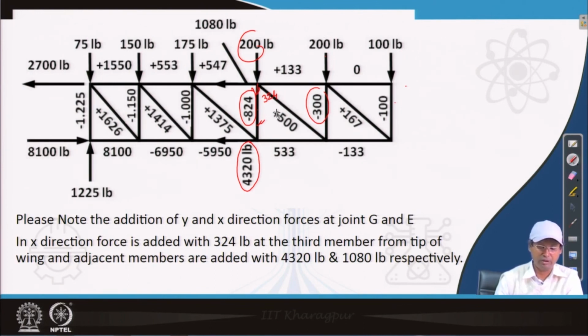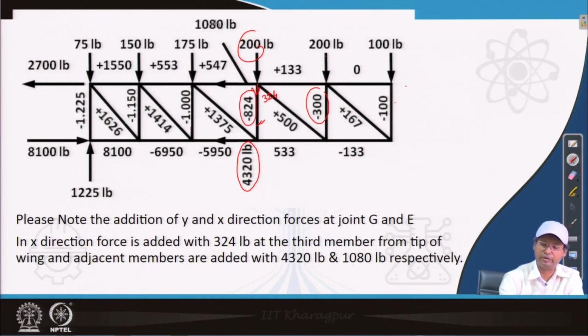Please note the addition of y and x direction forces at joint G and E. In x direction, force is added with 324 pound at the third member from the tip of the wing, and the adjacent members are added with 4320 pound and 1080 pound respectively.